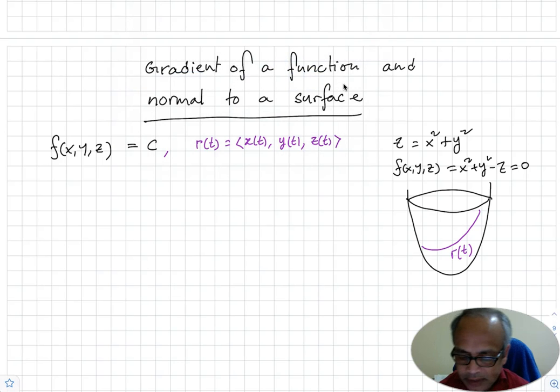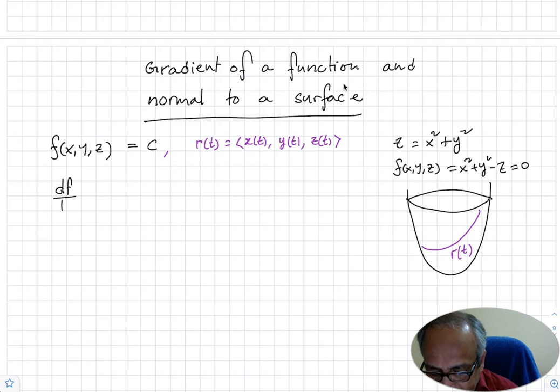Now f becomes a function of a single variable t. f is a function of multiple variables x, y, and z. If I differentiate f with respect to t, since f is a constant, it is dc/dt equal to 0.